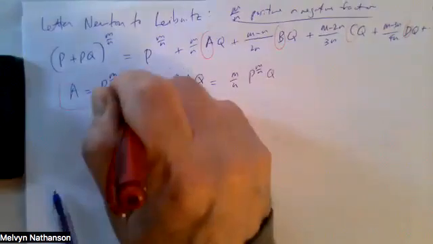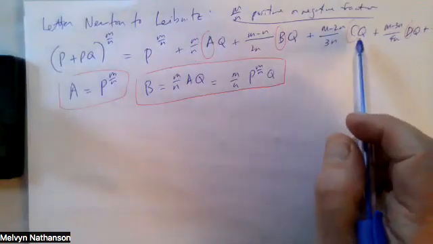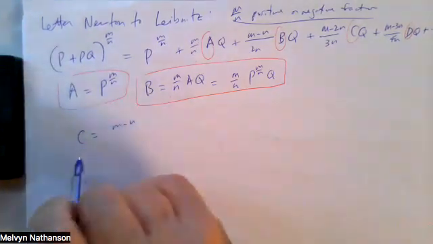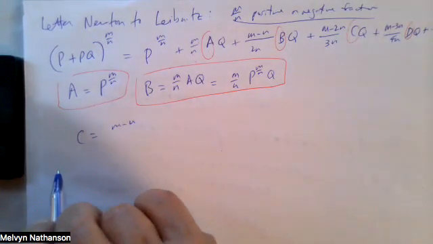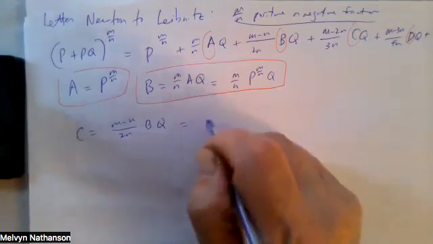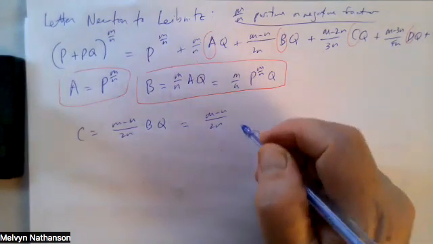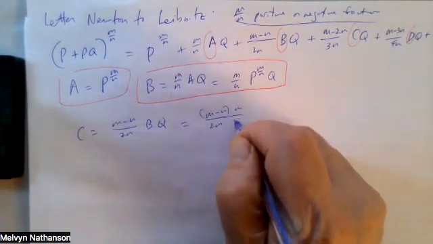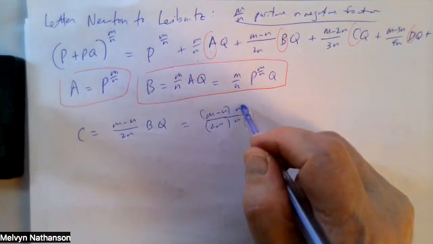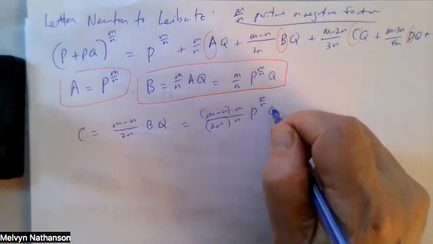C is going to be the previous term. So I have A, B, C is the previous term, M minus N over 2NBQ, which is M minus N over 2N times M over N, P to the M over N, Q squared.